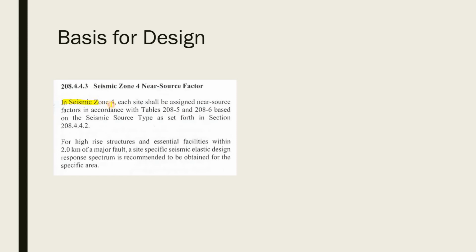Okay, so in seismic zone 4, each site shall be assigned near source factors in accordance to tables 208-5 and -6 based on the seismic source type as set forth in section 208.4.4.2. Okay, for high-rise structures and essential facilities within 2 kilometers of a major fault, the analysis will be response spectrum. That is the recommended of the code.